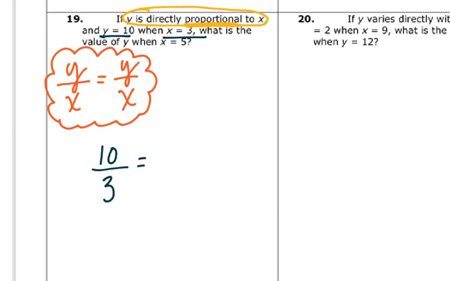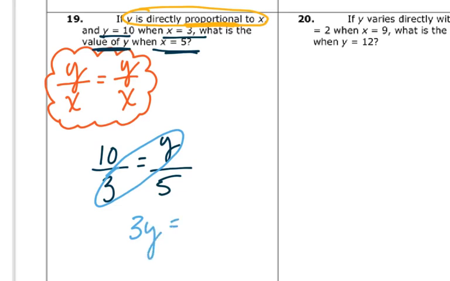The question is, what is the value of y when x is 5? So the y's are the top, the x's are below. To answer this, it's called cross multiplying. 3 times y is 3y. 10 times 5 is 50.